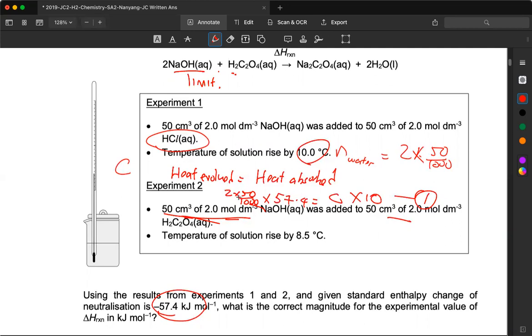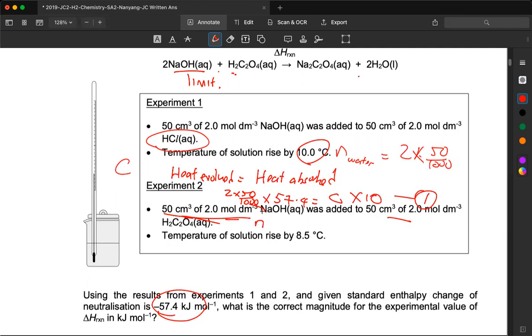So 1 mole of the enthalpy change of neutralization for the second experiment will be, because it's 2:2, so we base on this.